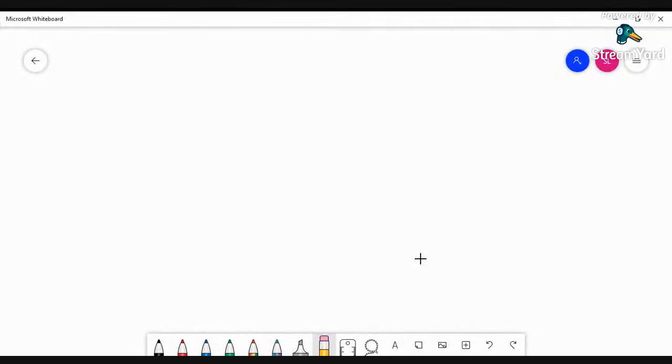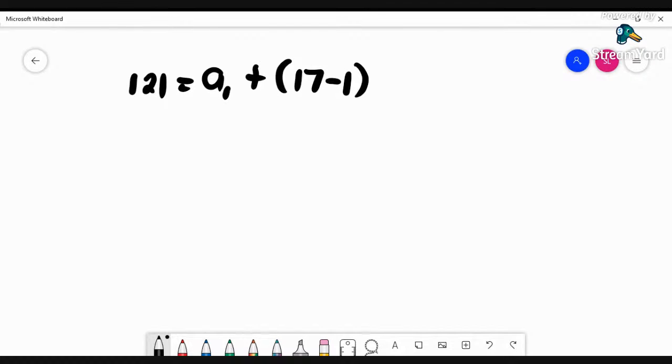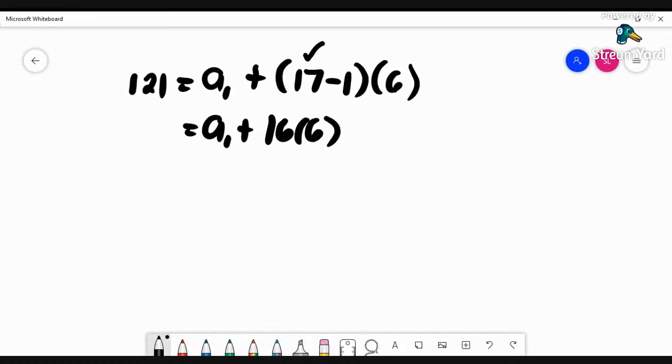Okay, so our given is the 17th term, which is 121, equals our a sub 1 plus 17 minus 1, that is the 17th term minus 1, times the common difference, which is 6. A sub 1 plus 16 multiplied by 6.